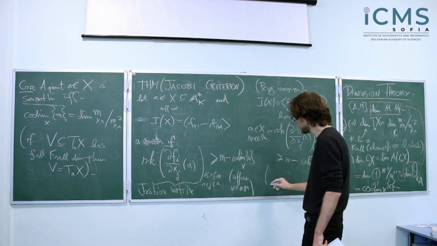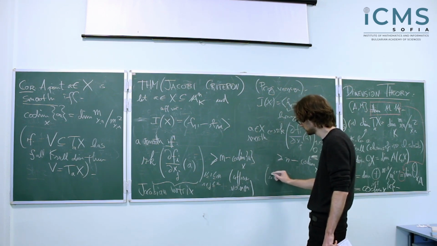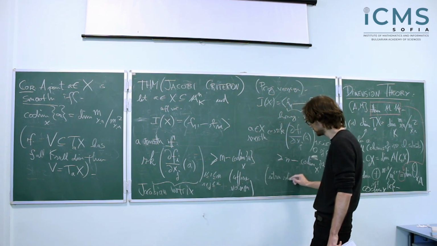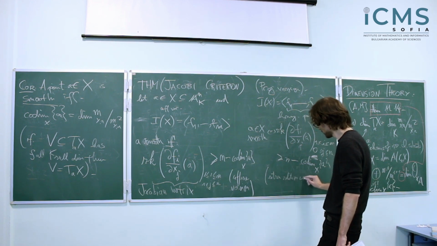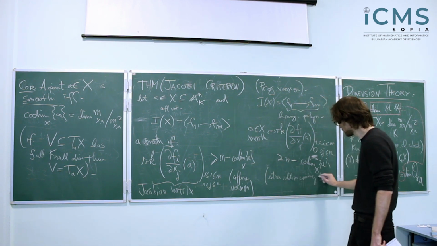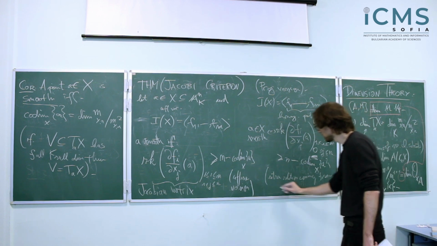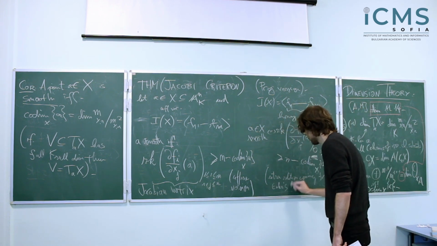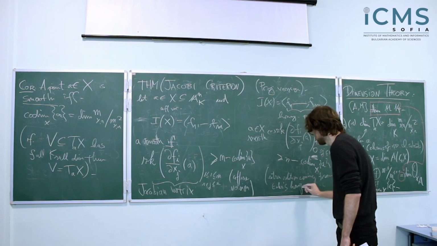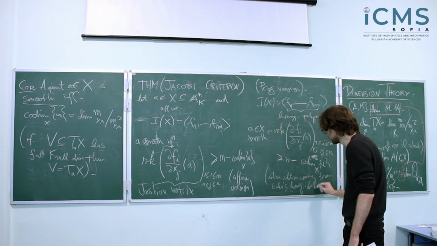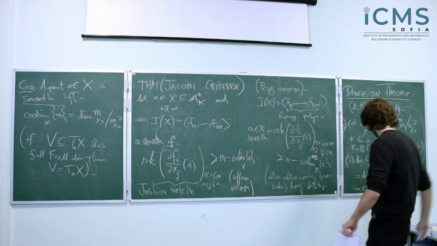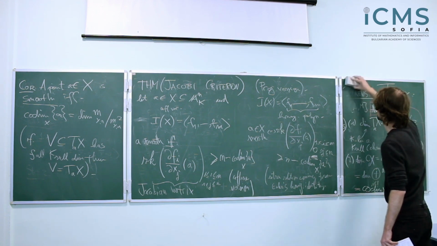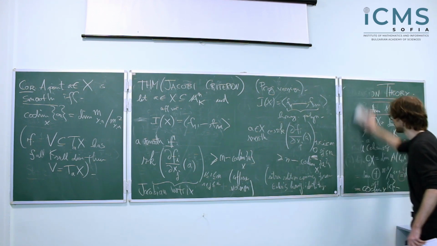And the reason is there's an extra relation coming from the homogeneous identity. Okay, so this is something, well, it's smaller.